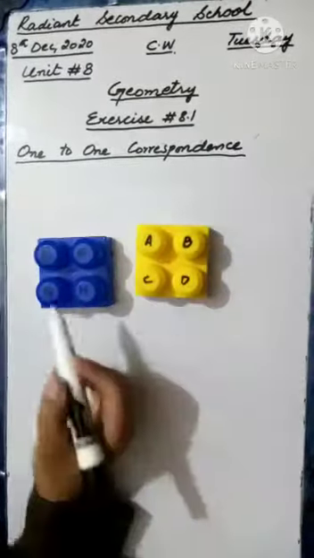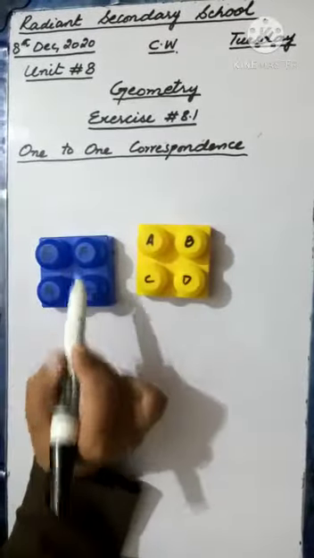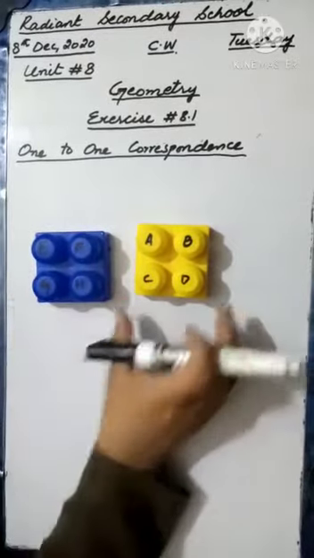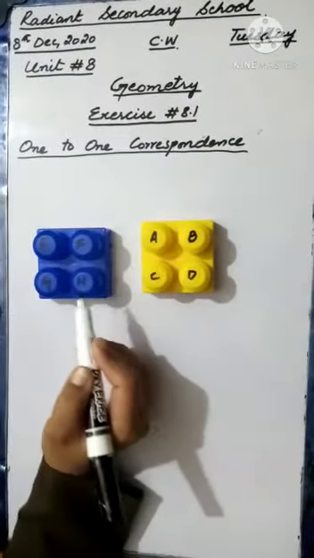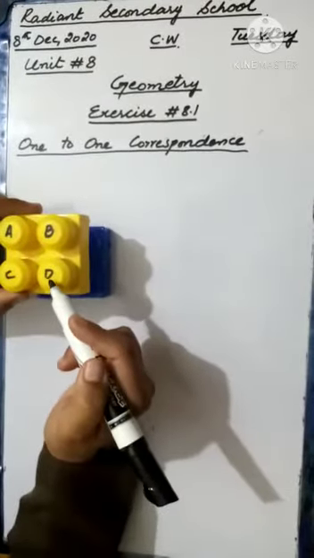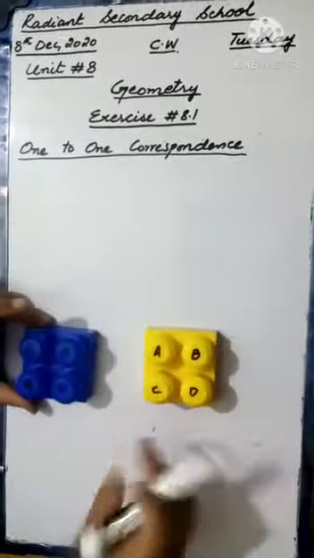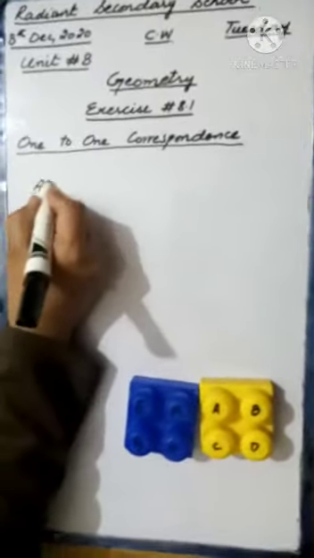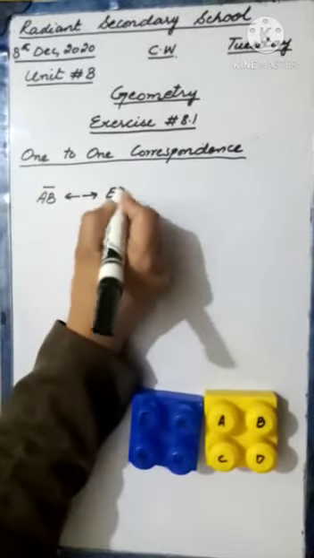In the same way, if E, F, H and G are the four angles of this square, we can say that angle G is corresponding to angle C, angle H, which is this corner, is corresponding to angle D, angle F is corresponding to angle B, and angle E is corresponding to angle A. So we will write, like, side AB is corresponding to side EF.